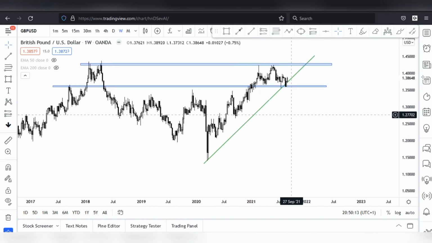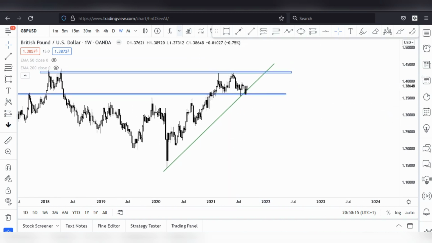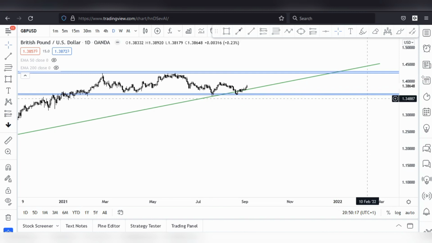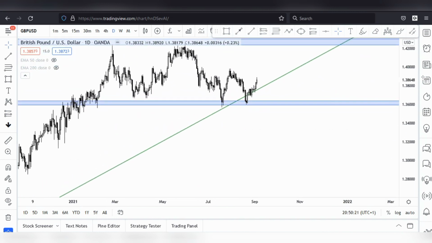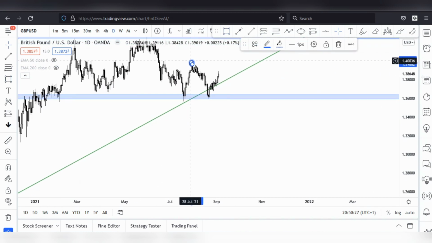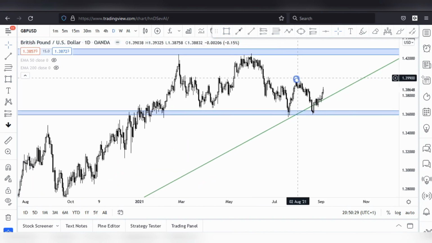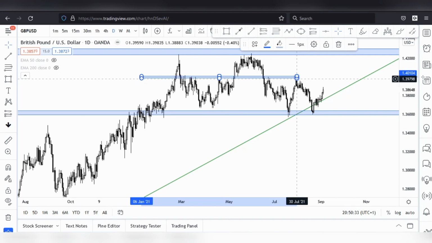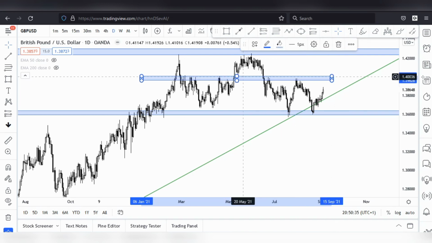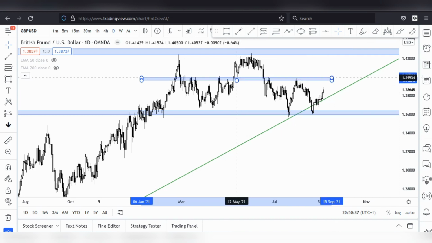Okay, so the next thing is to identify an important level of structure on the daily time frame as well. And as you can see, starting from the last level that is most important to us, that's this one. If you pull it all the way backwards to the left, you can easily identify a level over here.